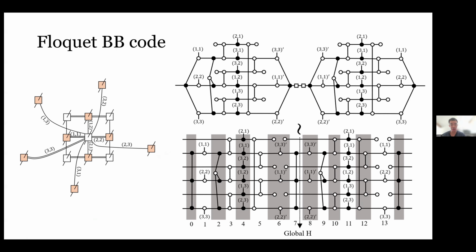The 9 directions are labeled from 1 1 to 3 3. And along the directions of 1 1, 2 2 and 3 3, there are actually 2 legs. So in total, there are 12 legs. Oh, okay, I see. Yeah, so each edge, it's the vertical direction corresponding to the stabilizer.